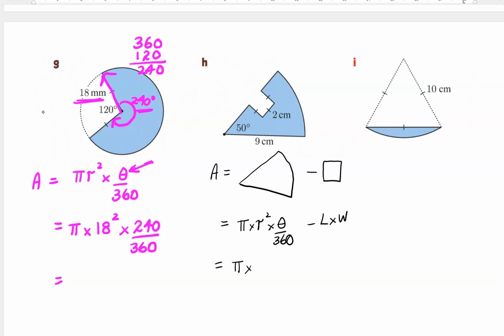So we need 2 bits of information to work out this whole sector. We need the radius. So there she blows from the center to the outside. So pi times 9 squared. And theta, your angle here, is 50. What are your dimensions of your square? This one here, 2 by 2. Off you go.